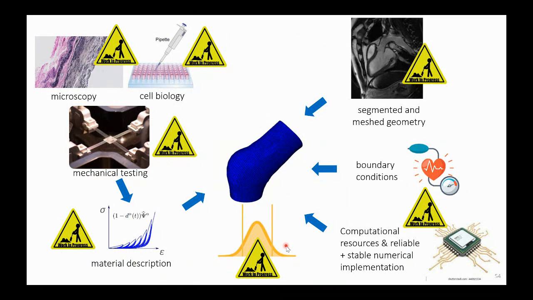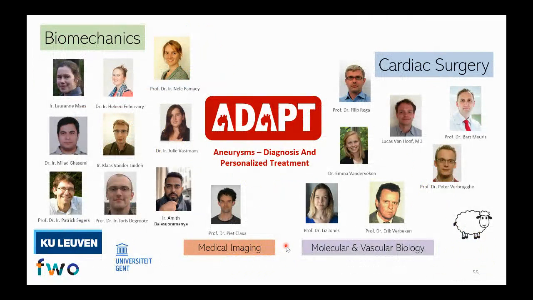So non-deterministic modeling is definitely necessary if we want to really go towards a predictive tool, something that we can present to a surgeon with margins of probability. Of course, we will only be able to predict a certain outcome with a certain confidence, within a certain confidence interval. All right, so that brings me to the conclusion of my talk.